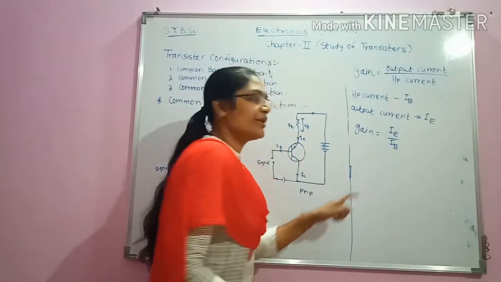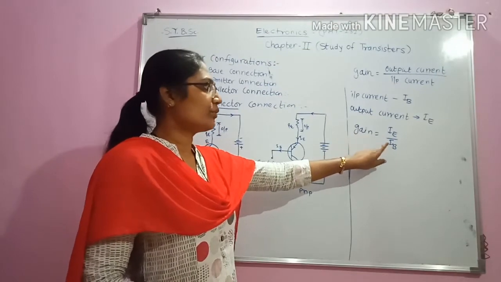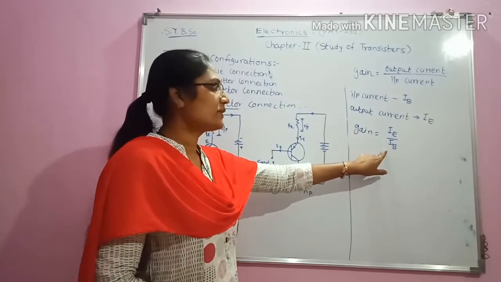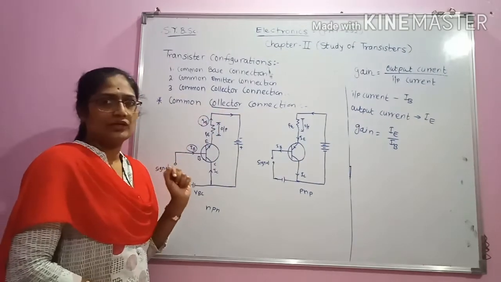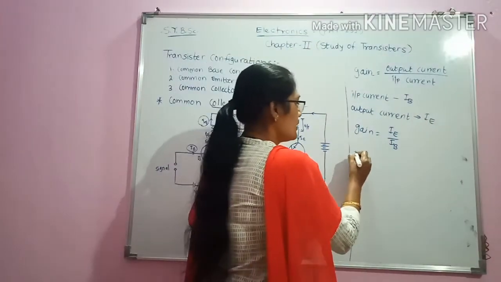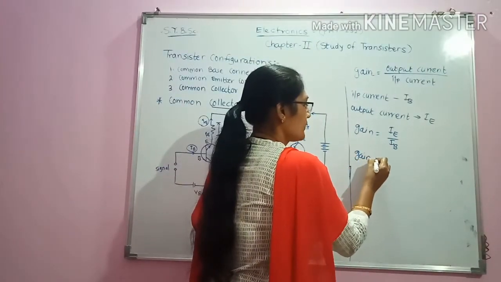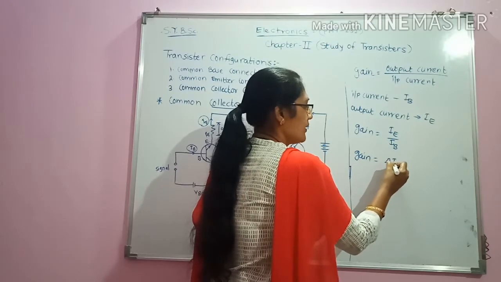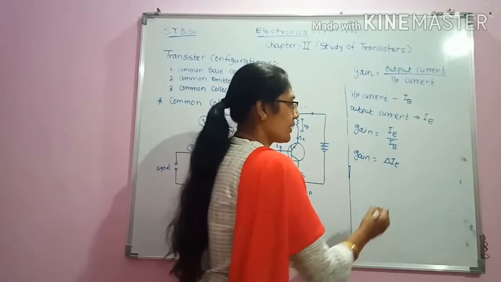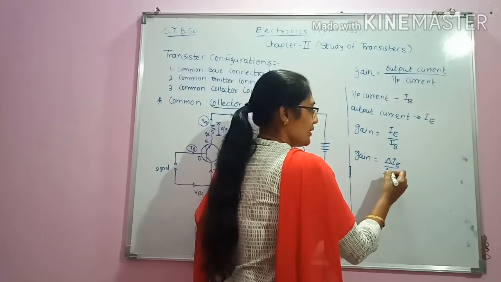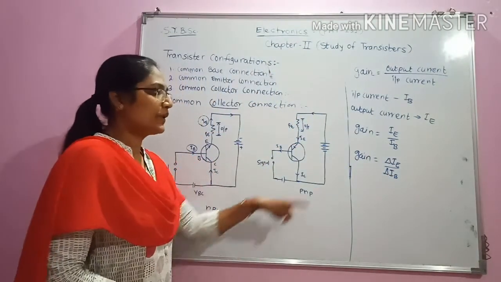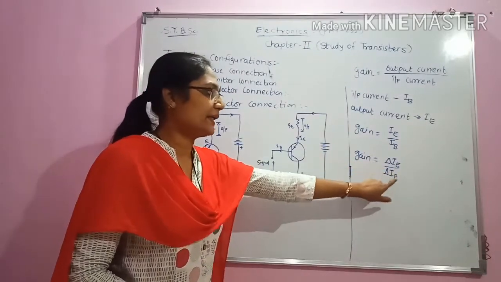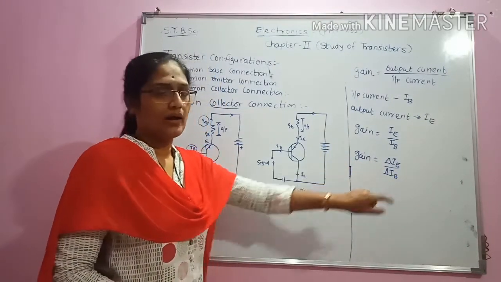Ratio of emitter current to the base current is nothing but the gain in case of common collector connection. In terms of change in current, that is change in emitter current to the change in base current, this value comes out as delta IE upon delta IB.